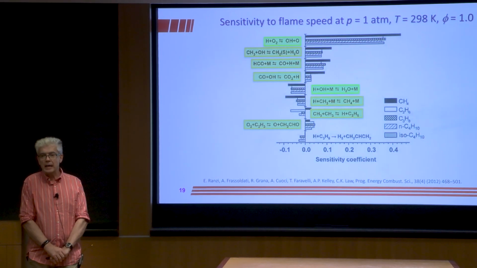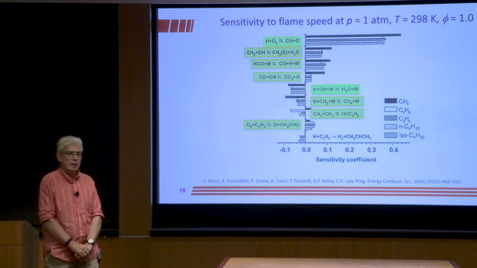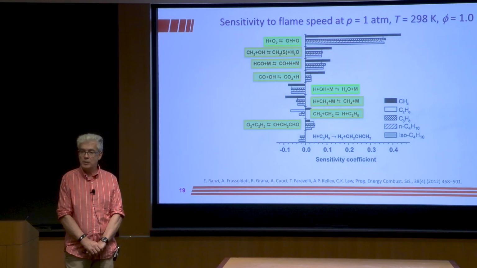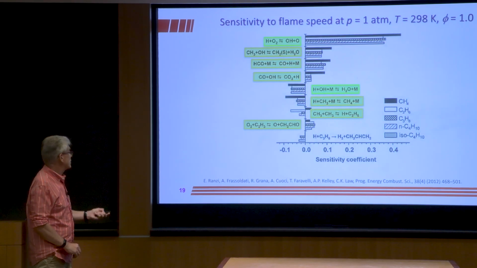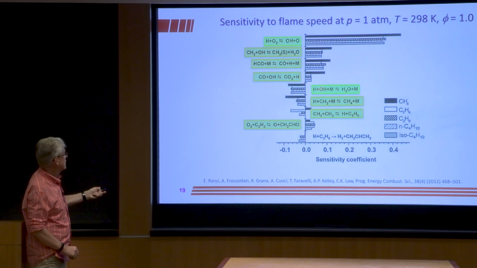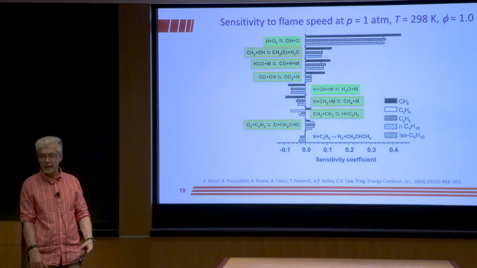Hydrogen atoms are produced in shock tubes. They're produced in rapid compression machines. But we don't see such a domineering effect of H atom as we do in flames. Sorry, I should have pointed out, H plus O2, that one isn't, but HCO, H, not H, right? H is nearly in every one of those reactions, H atom.